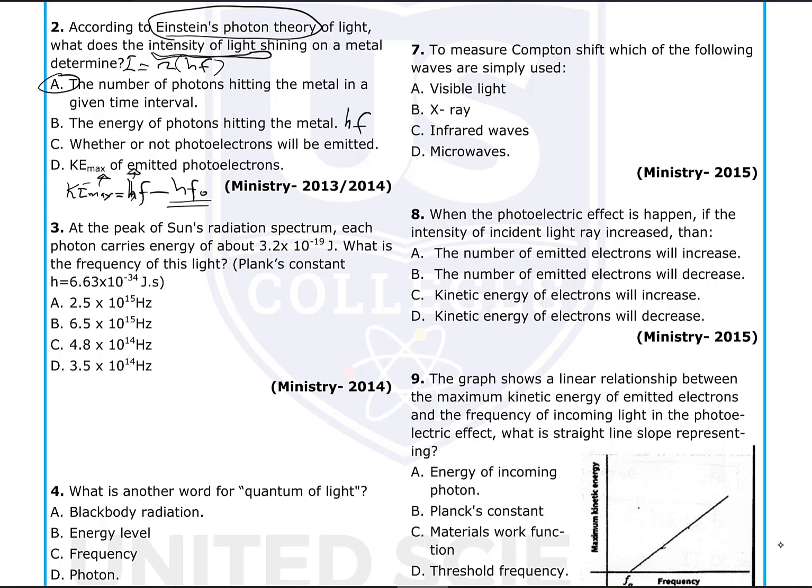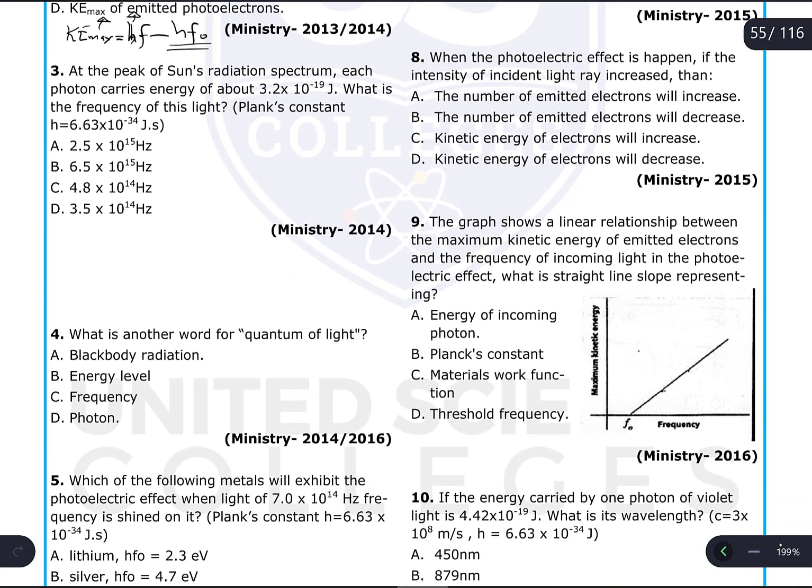Question number 3. At the peak of the sun's radiation spectrum, each photon carries energy of about 3.2 times 10 to the power negative 19 joule. What is the frequency of this light? f is the question here. Energy is given. So energy is equal to h times f, you know that, for a photon.